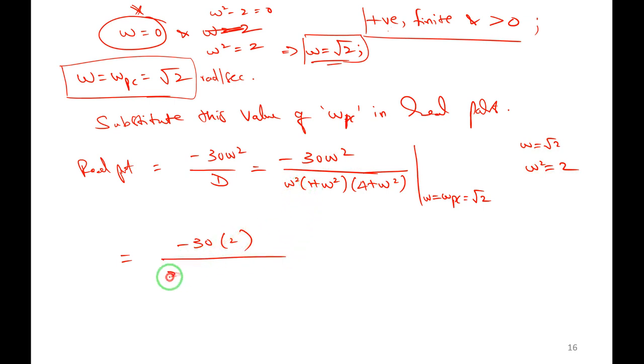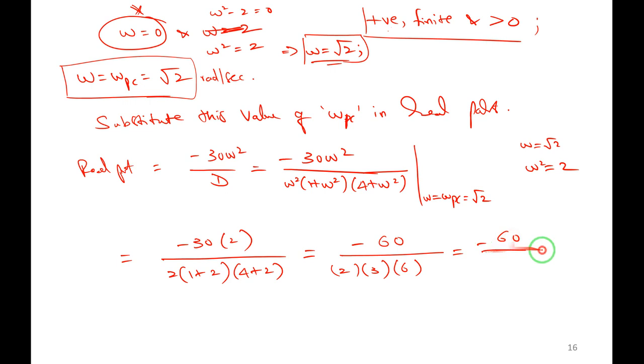So omega square is 2, into 1 plus 2, into 4 plus 2. 30 into 2 is 60, divided by 2 into 3 into 6, which is 36. So minus 60 divided by 36, I am getting minus 1.66. This itself is the coordinate of point Q.